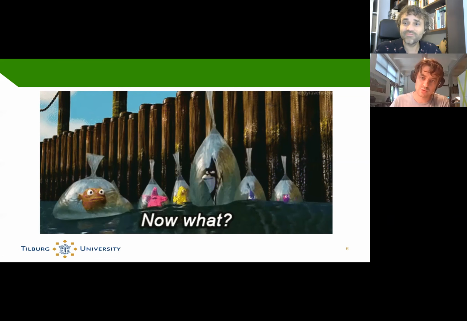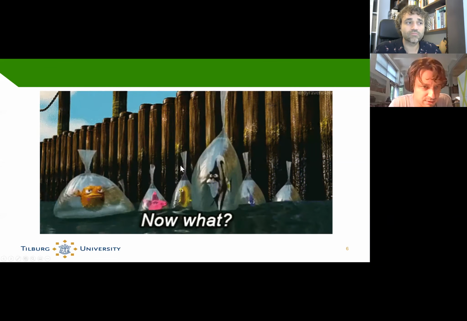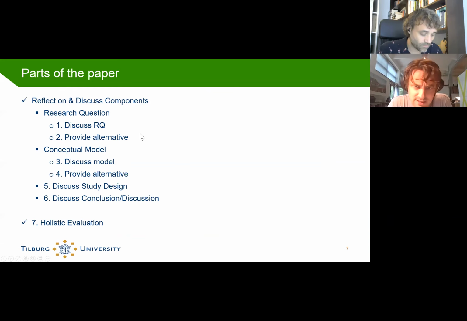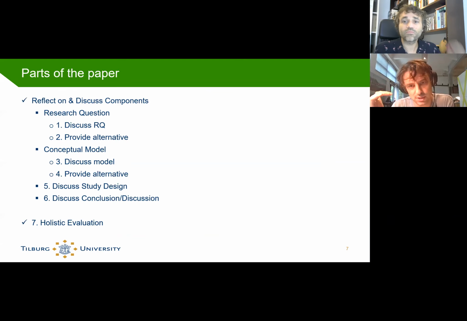So we have developed some sort of methodology to systematically evaluate the quality of that research article. There are just a couple of elements that we need in the assignment, so don't be too creative with regards to structure, but you can just keep this structure, which basically means you evaluate each important part of the article.